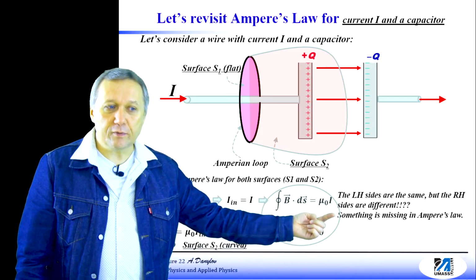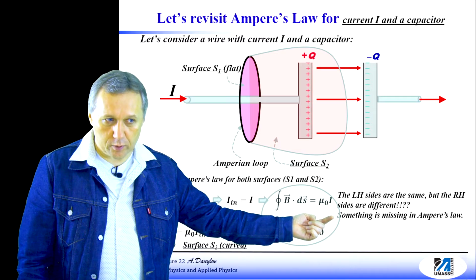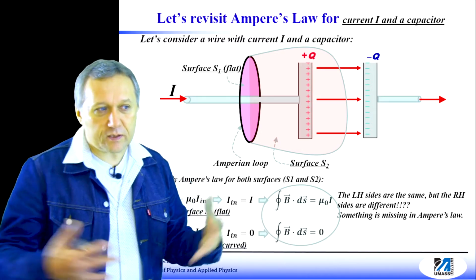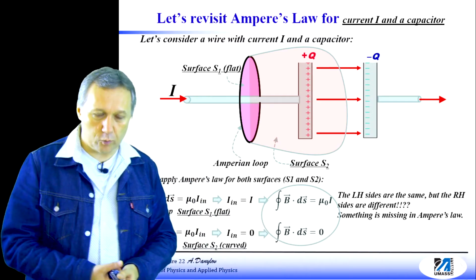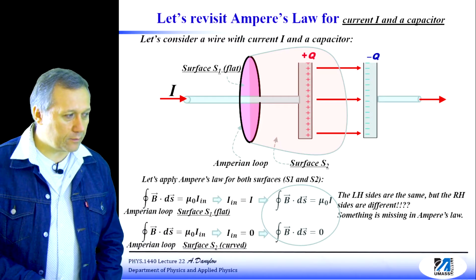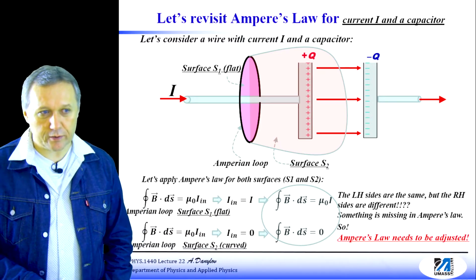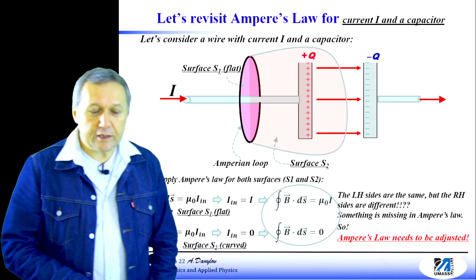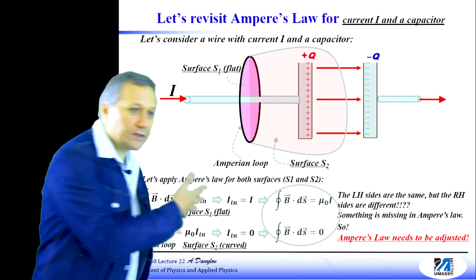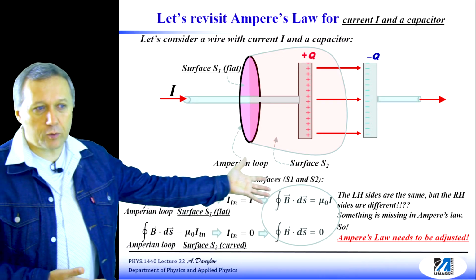Obviously some kind of current is missing in our law. So it looks like we need to add some additional current in order to make it work. So that was Maxwell's speculation.